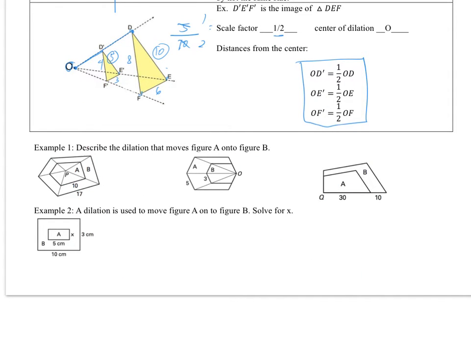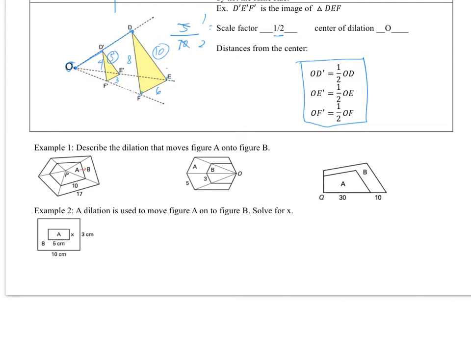Example 1. Describe the dilation that moves figure A onto figure B. So we're moving from A to B, so this is an enlargement. So we have to do 17 to 10, image to pre-image, and that will be our scale factor.